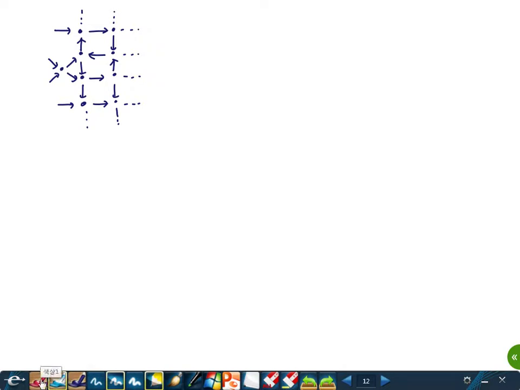Let's use red. This is i and first, so the label of this is xi over y1. Can you see? Yes, the label is xi over y1 because it's the ith row, first column. What is the label of this? xi plus 1 over y1, right?